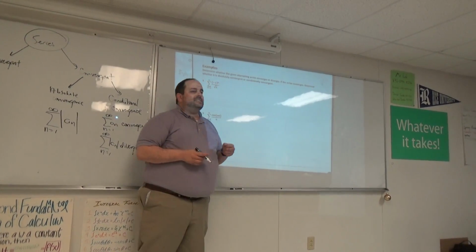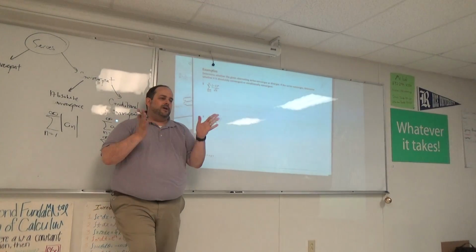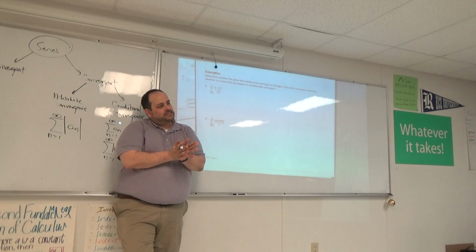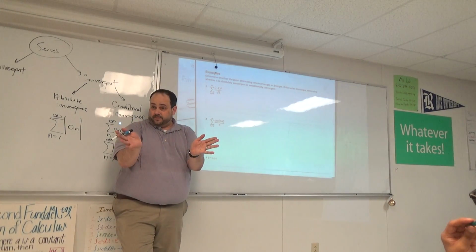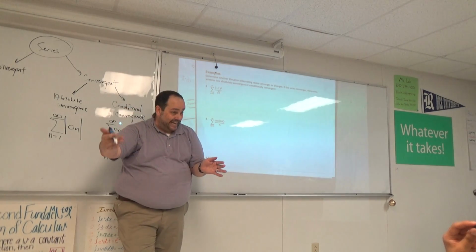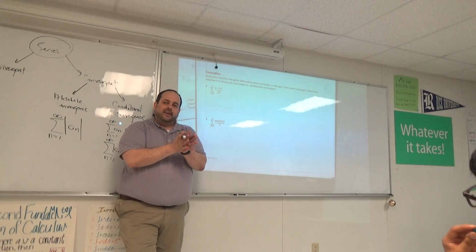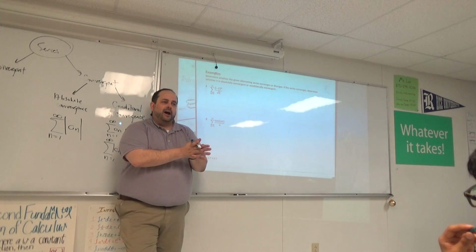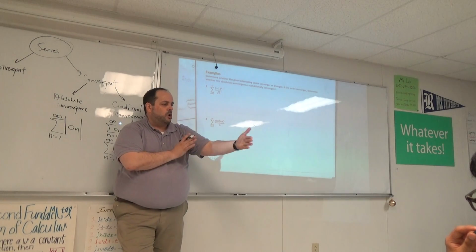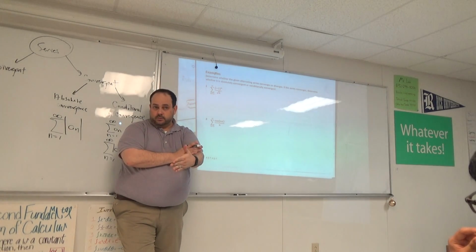You're going to be given a series and you're going to be asked not just one question now, but two questions. You're going to be asked, does the series converge or diverge? If the series diverges, good news, done. But if it converges, now you're going to ask, is there a stronger convergence? Is there absolute convergence or conditional convergence?